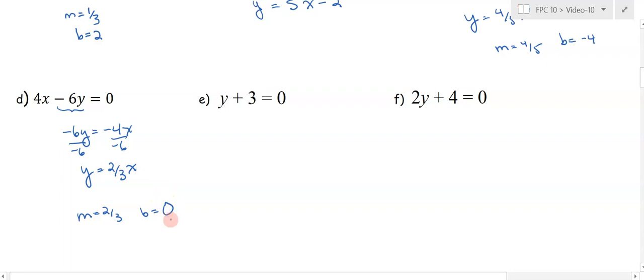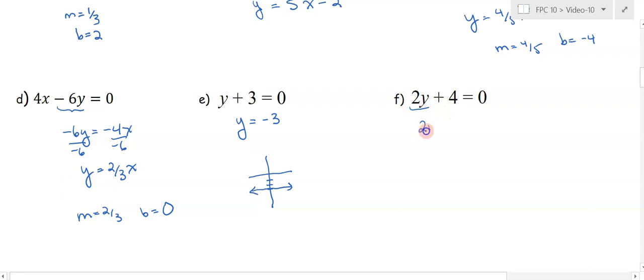E and F are special cases because if you notice with E, there is no x. So if there's no x, you just isolate the variable. It's a constant function, right? Where my slope in this case is 0. Y equals negative 3. Y is negative 3 right here. That's a constant function with a slope of 0. Same thing here.